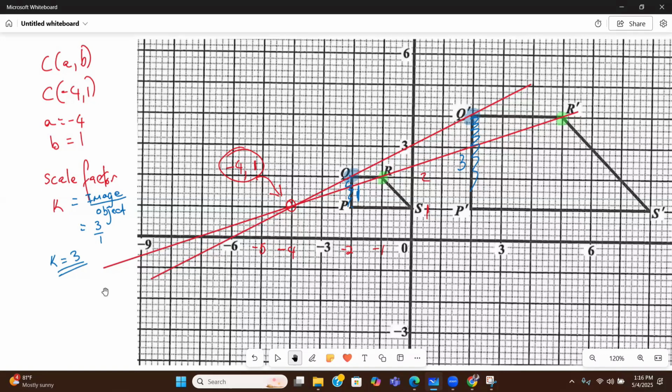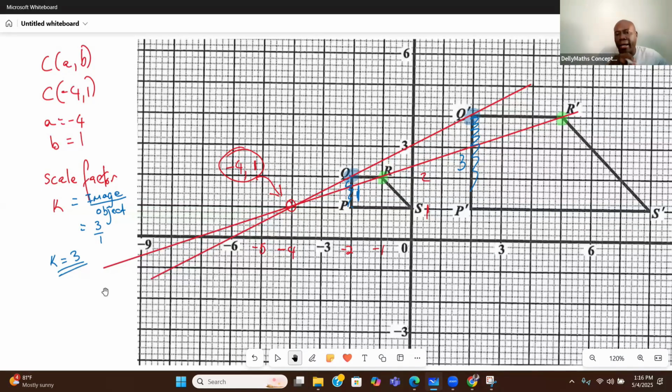Sir, when you're finding the center of enlargement, do you always go to the left side, or does it depend on where the shape is? The center of the enlargement is not about left or right. It's about connecting 2 pairs of corresponding vertices. We don't know where it's going to be.